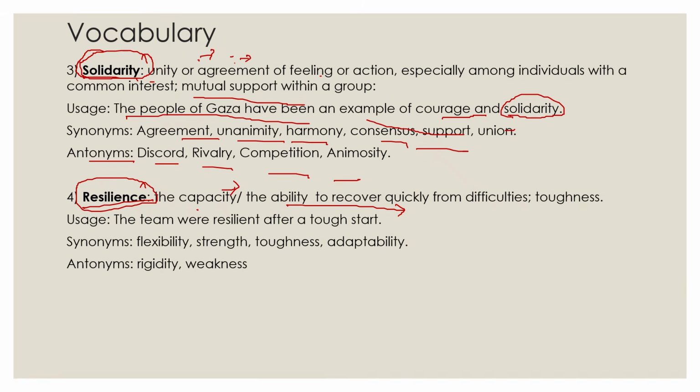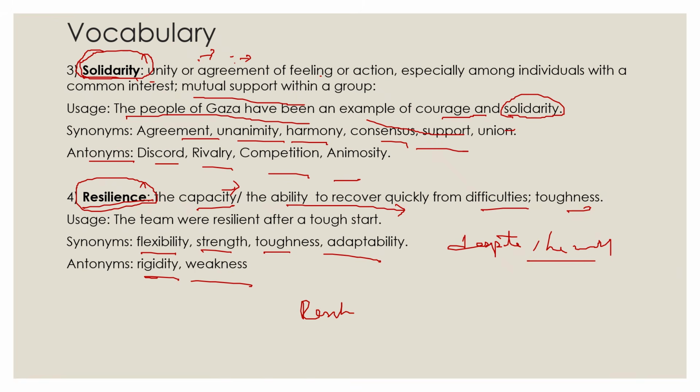That means he showed resilience, even despite losing the first set. So that means recovering quickly from difficulties, toughness, flexible strength, adaptability. Antonyms are rigidity and weakness. If you're not resilient, that means you're not adapting to the situations or you're not keeping up the fight.